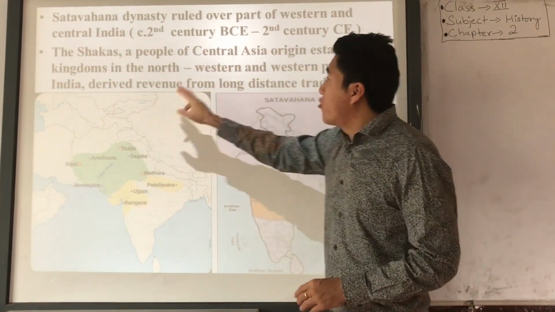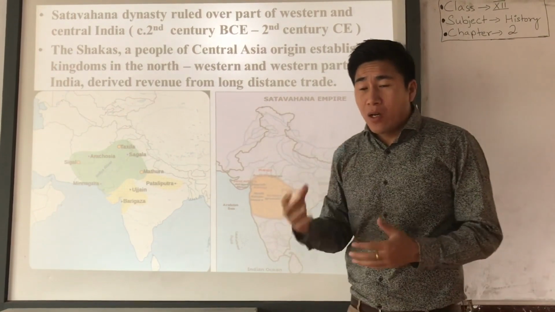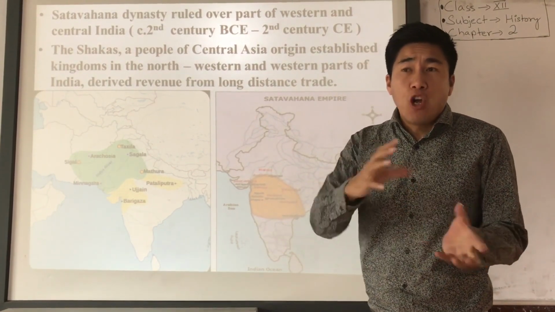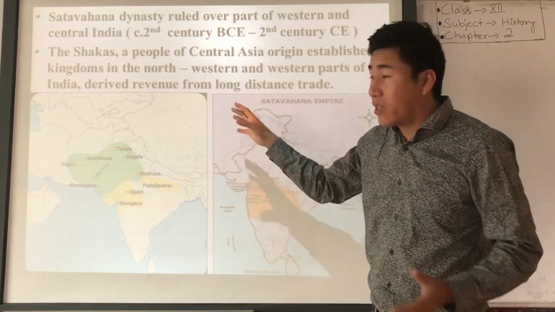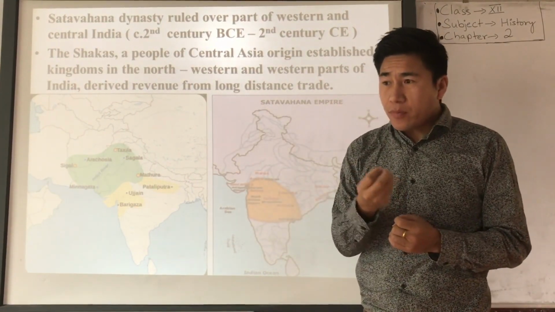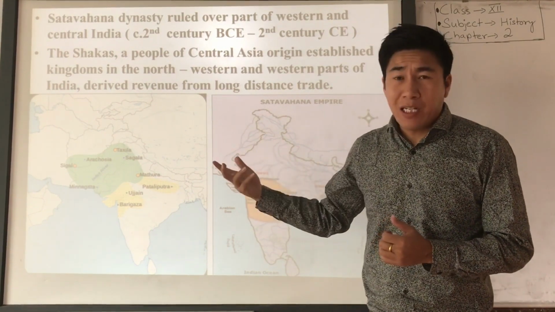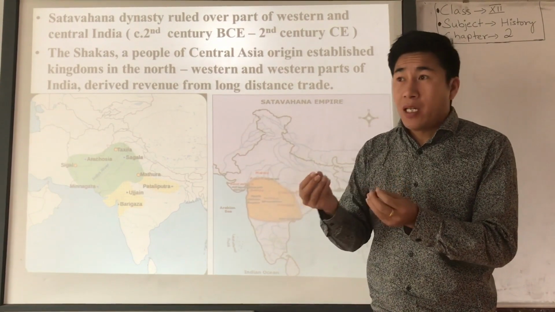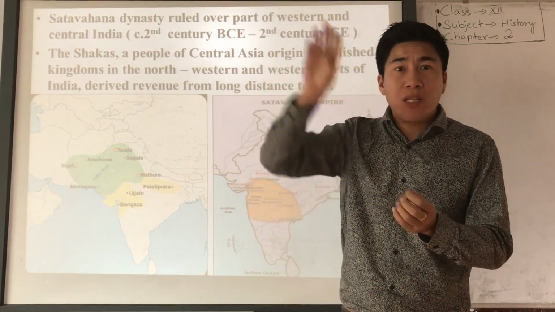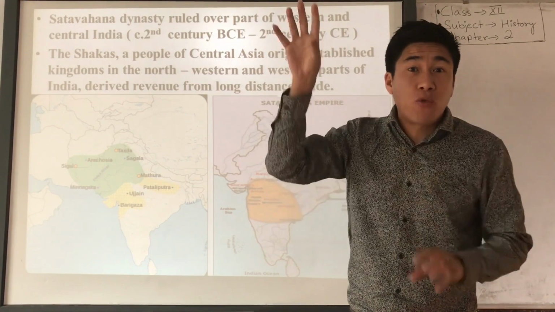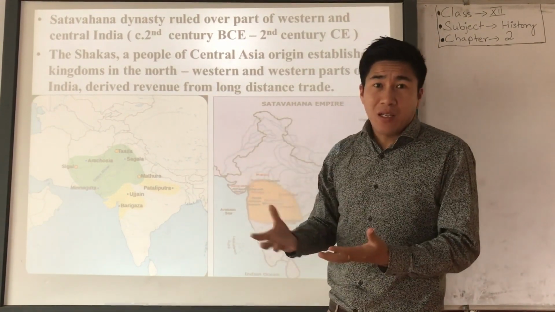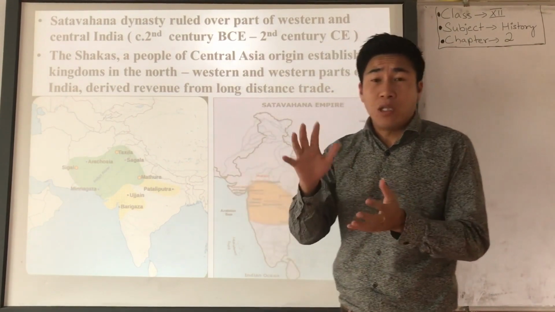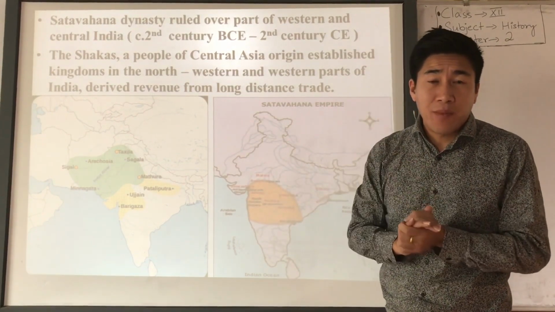They derived revenue from long distance trade, which was their source of income, with the Indian subcontinent. If you remember, during the Mauryan period, Taxila and Ujjain were located on the long distance trade route, so the Shakas got good tax from that area. Understood? So this is all about the different dynasties during that time.